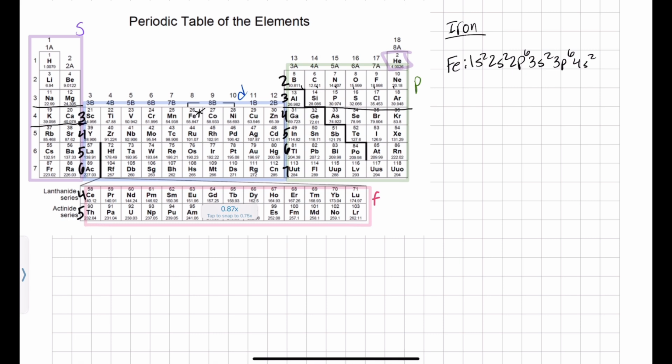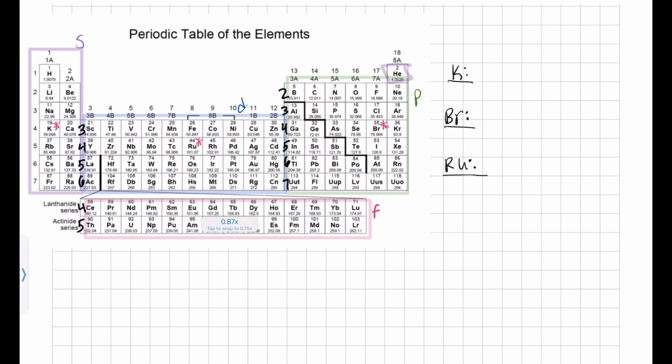So again, we start at 3 for D. That's 3d, 1, 2, 3, 4, 5, 6. So the electron configuration for iron is 1s2, 2s2, 2p6, 3s2, 3p6, 4s2, 3d6. Now you try writing the electron configurations for these 3 atoms.